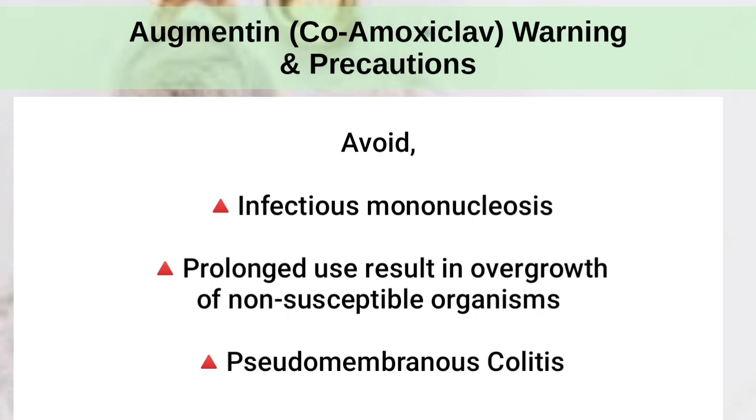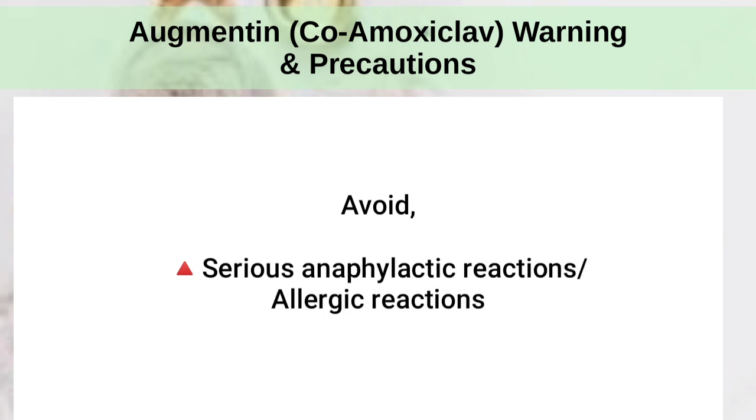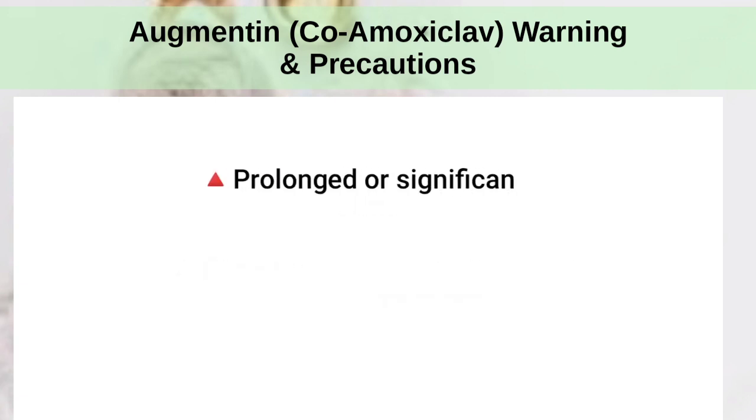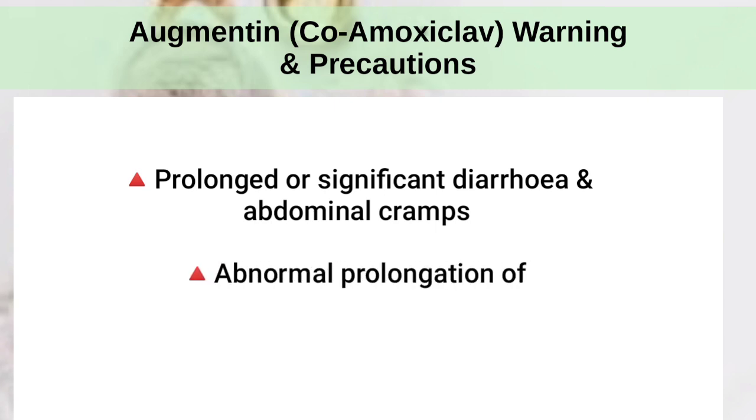Pseudomembranous colitis has been reported with the use of antibiotics and may range in severity from mild to life-threatening. The treatment should be discontinued if prolonged or significant diarrhea occurs or the patient experiences abdominal cramps.